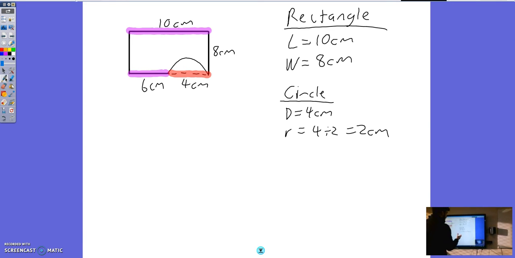Now we have the dimensions that we need, we can set up our formula. So our area is going to equal our rectangle, take away half the circle. Okay? So our rectangle is length times width, take away, and I'm going to put it all in brackets just to be sure. Now the area of a circle is pi r squared.